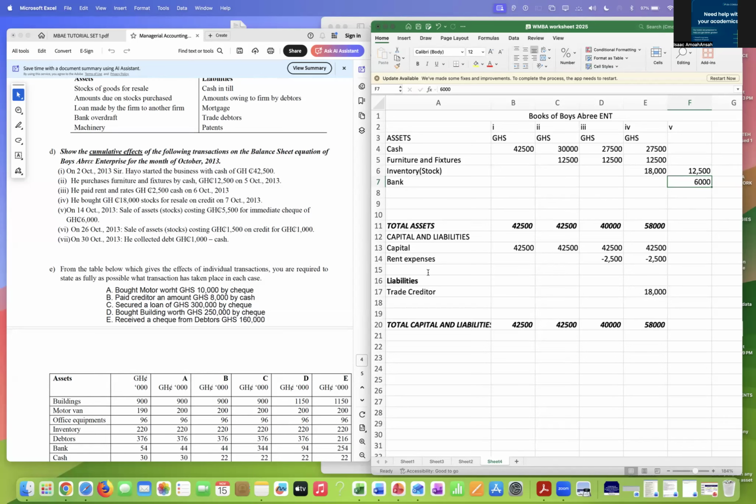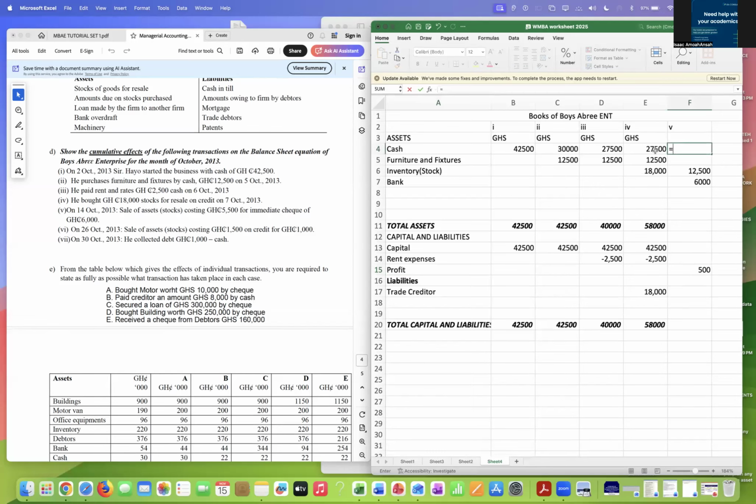So we can create a row here for profit. How much profit are we receiving on this sale? The revenue generated is 6,000. The cost that you incurred on the inventory that you are selling is 5,500. So what is the profit? 500. Perfect.